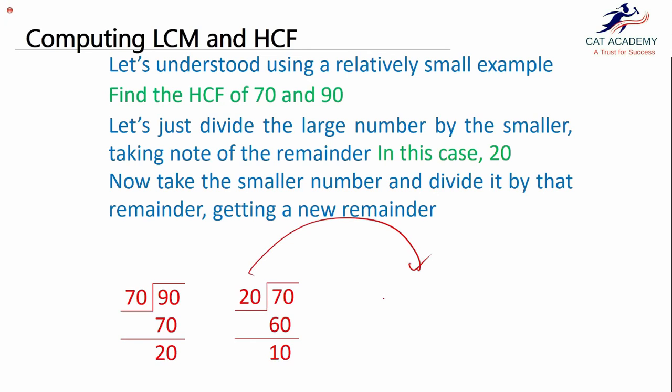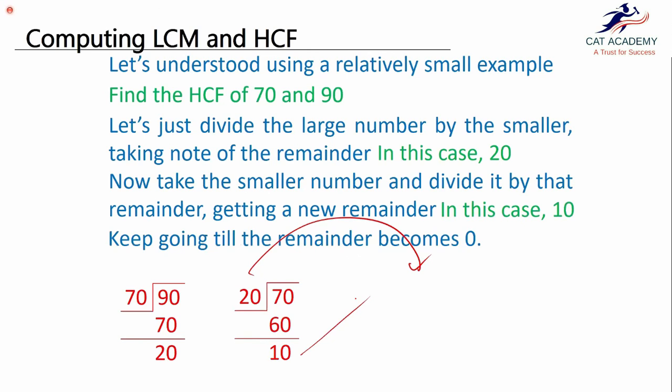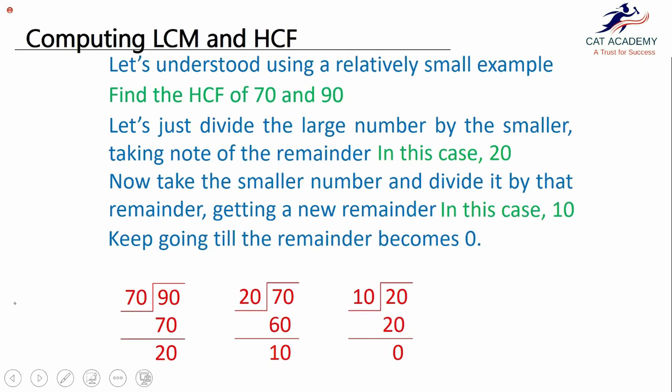Take this 20 over here and 10 over here. What's the remainder now? 0. So I have to repeat this process till the remainder becomes 0. And the moment my remainder becomes 0, whatever number is present in the divisor part, that becomes my HCF.